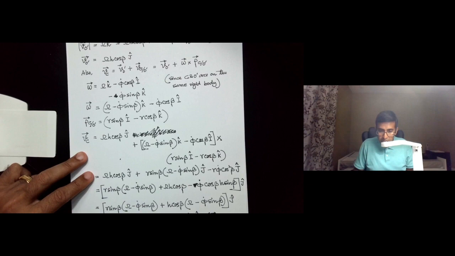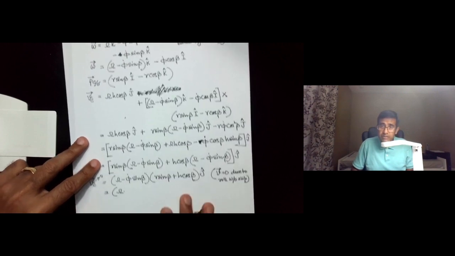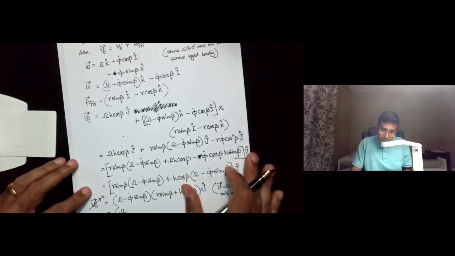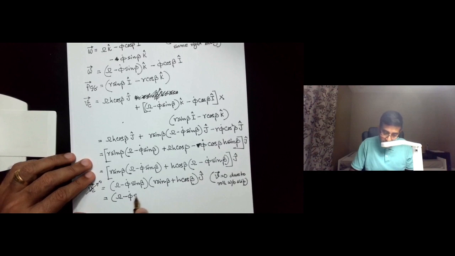r is equal to h sine beta divided by cosine beta. So this is omega, so let me just minus phi dot sine beta times r is h sine beta divided by cosine beta.